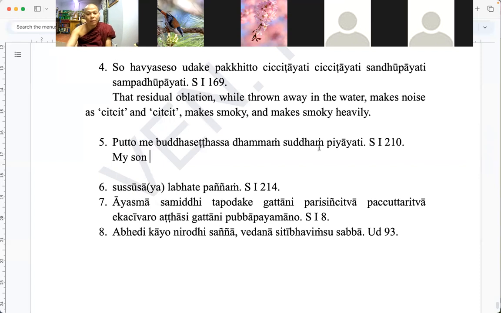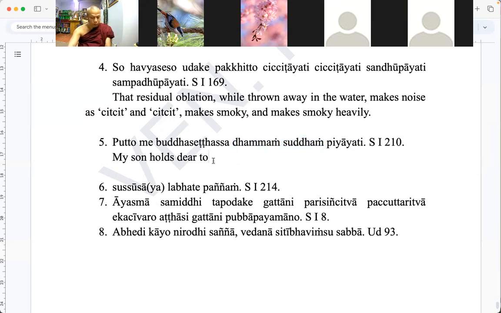Piyayati is holds dear to. And then Dhamma Sodhan, the pure Dhamma, or purity of Dhamma. That is the object.